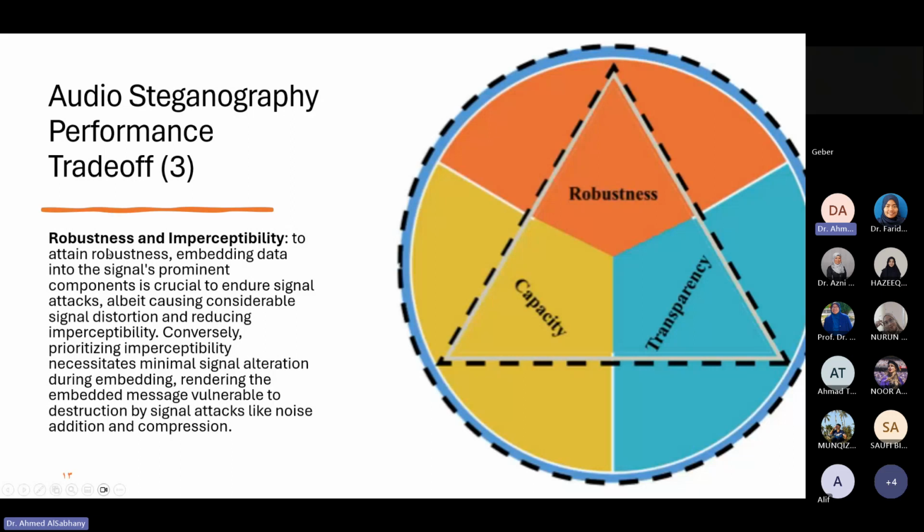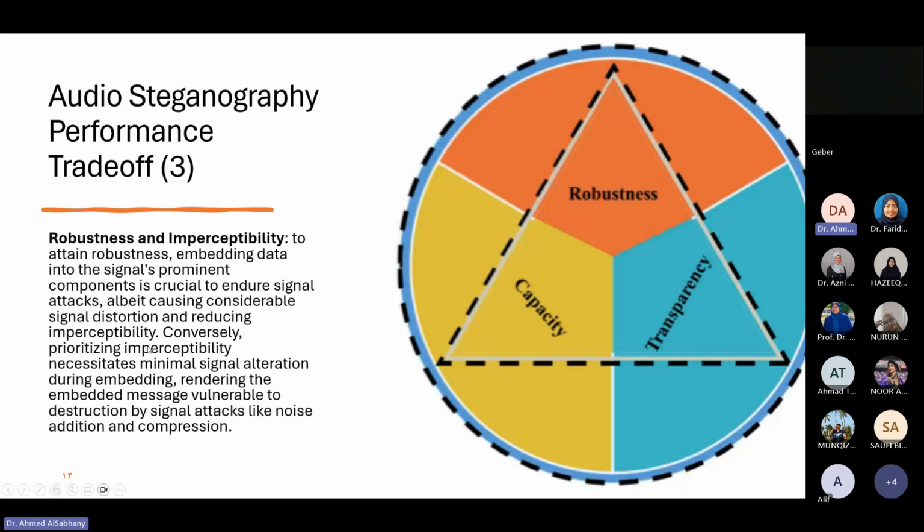So to achieve high robustness, the signal's prominent components are targeted, therefore causing considerable signal distortion and reducing the imperceptibility. This is the main point in this trade-off.